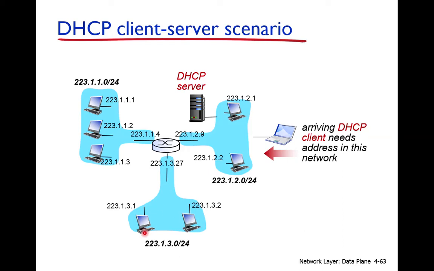When this host wants to send data to any host that is in this network, it can have the route to that network automatically. But when this host wants to send data to a host that is in another network, for example this host, then this host doesn't know. It only knows the hosts within its network.